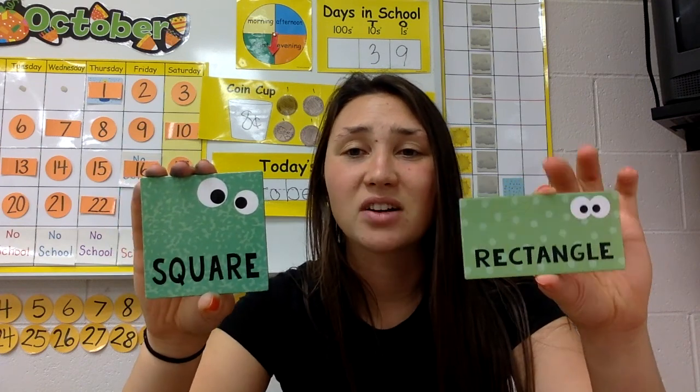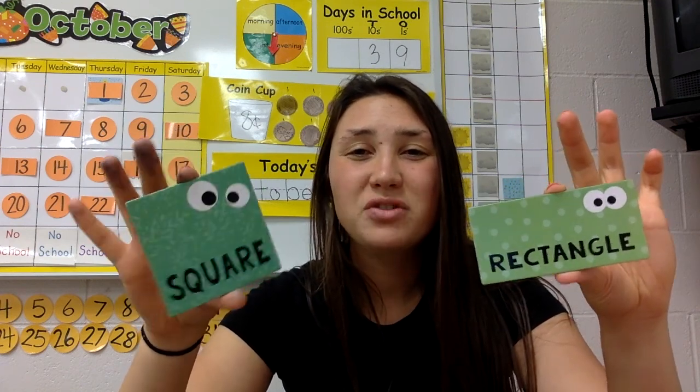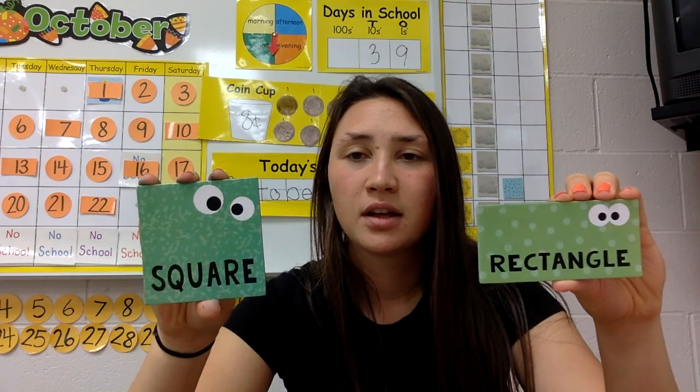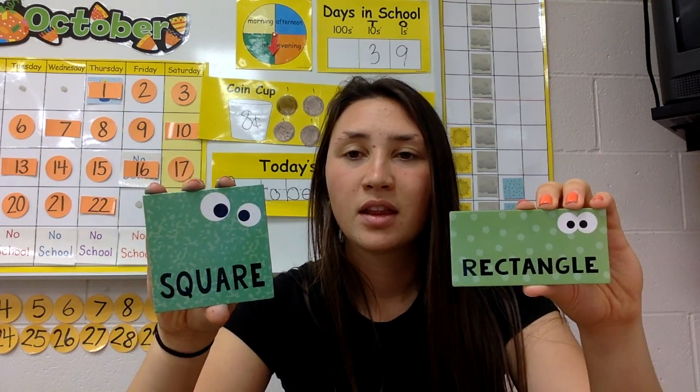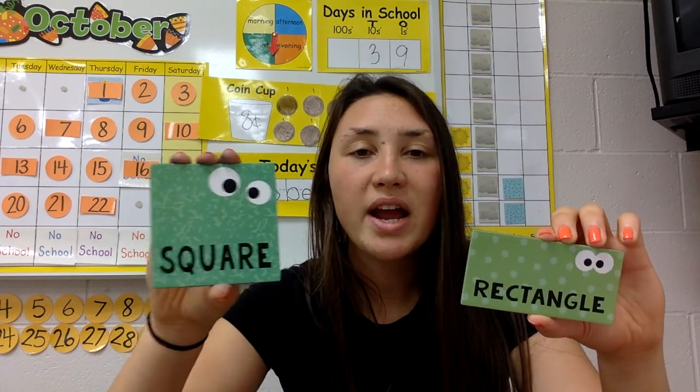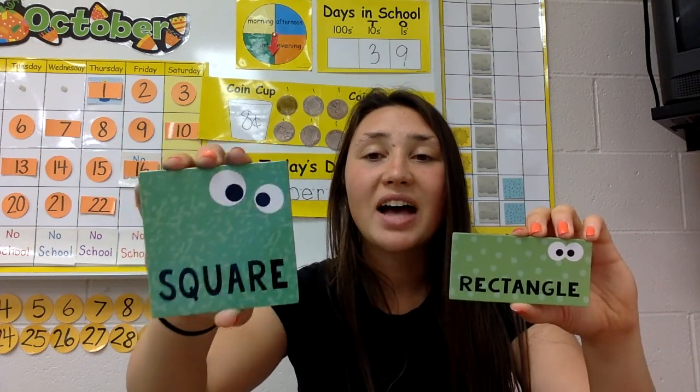And what makes a square different than a rectangle? How can you tell the difference? Yeah, a square always has equal sides, where a rectangle can have longer sides and some shorter.